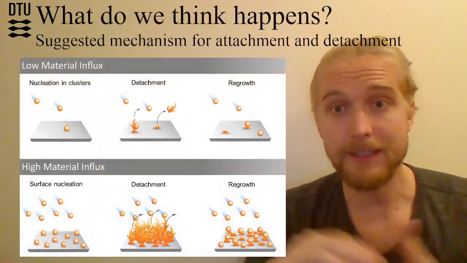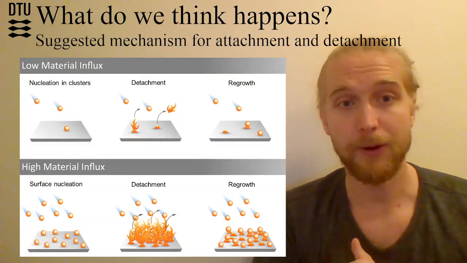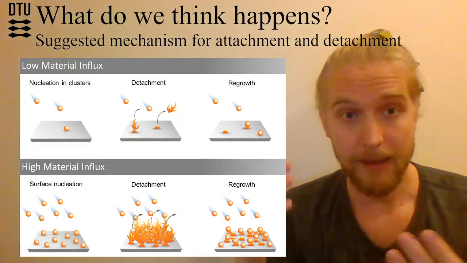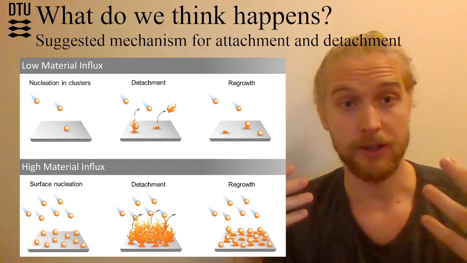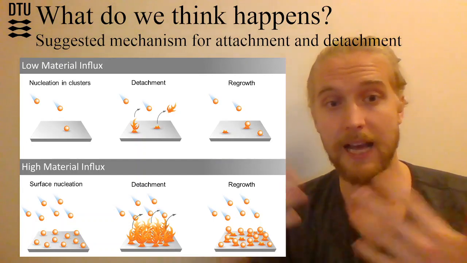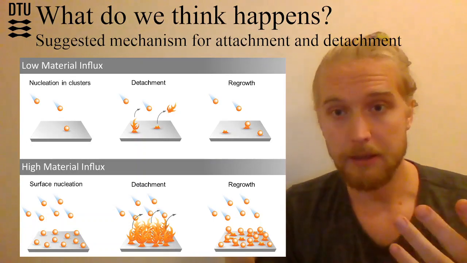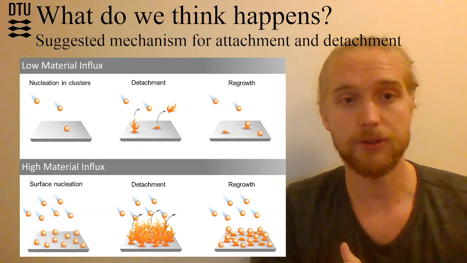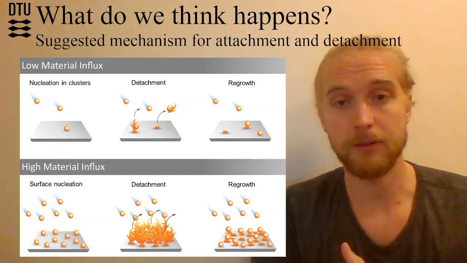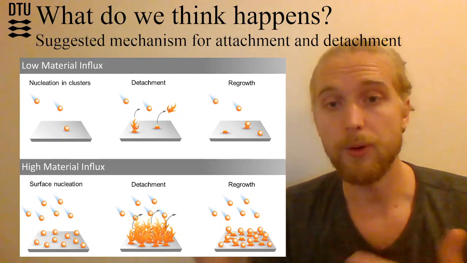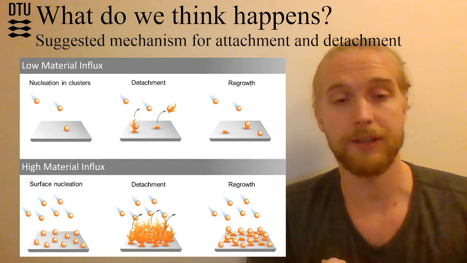So all these observations led us to the following growth mechanisms, and that was based on two material influx regimes. The first one is the low material influx, and the second one is the high material influx, and they're built up around the same structure: nucleation on the surface happens, then some detachment of the crystals will occur, and then regrowth on these altered surfaces will happen.